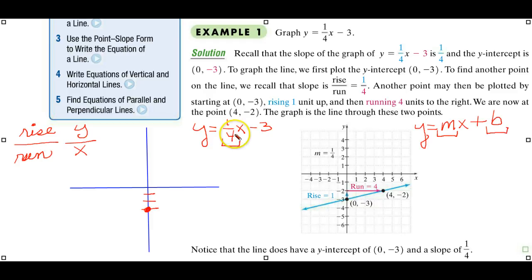If the run is positive, from this y-intercept you're going to go over 4 units. 1, 2, 3, 4, which will bring you right over here. You do this mentally. You've clicked on this dot, you go over 4, and now you're going to go up 1 unit for the rise.